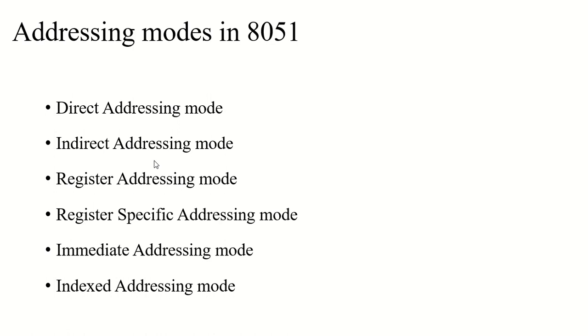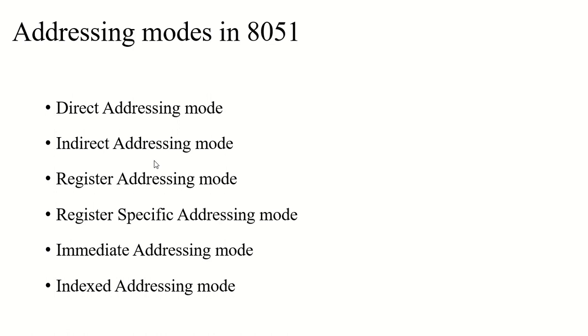So the mnemonic symbol that is used for indirect addressing is the sign @. If you want to go for indirect addressing, you are going to use @. For example, MOV A, @R1. So what would it do? It would copy the content of the memory location whose address is specified in the R1 register.